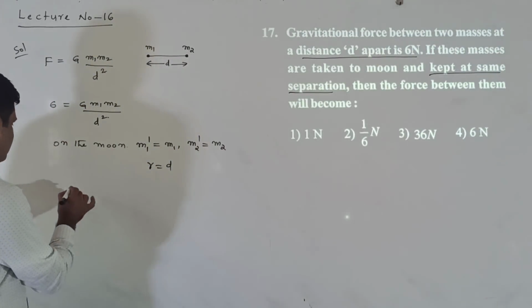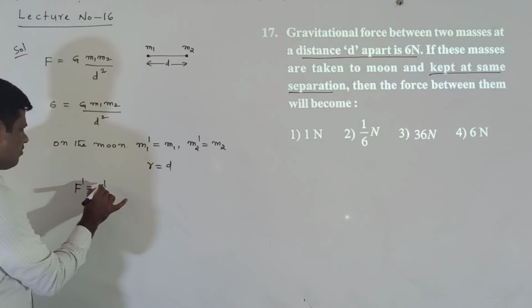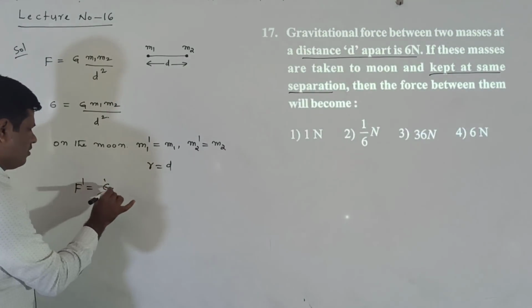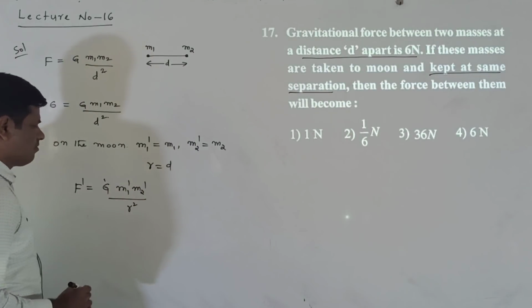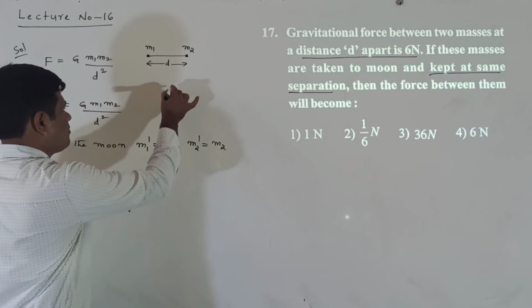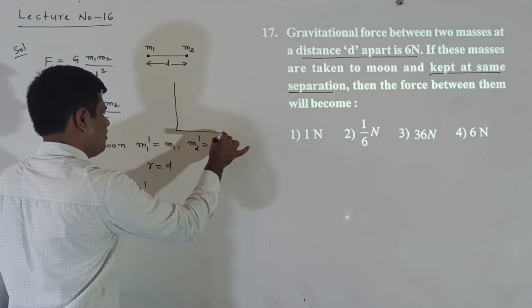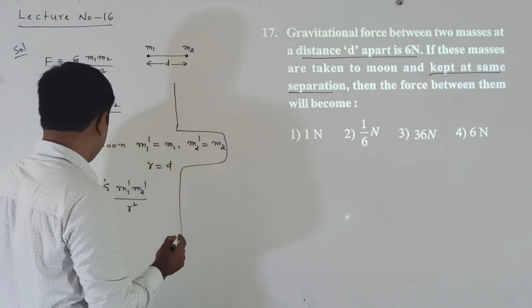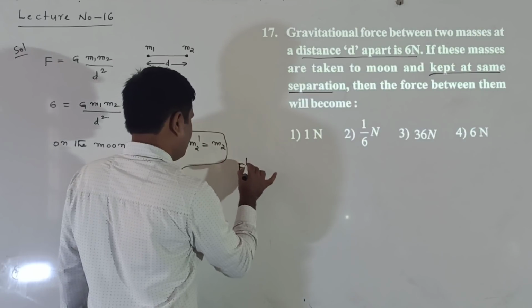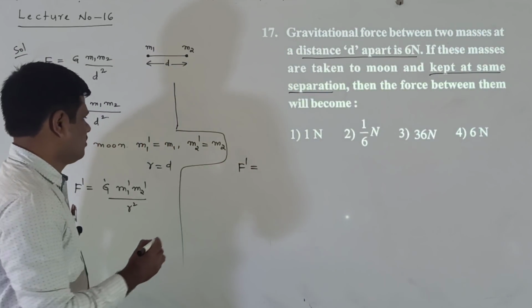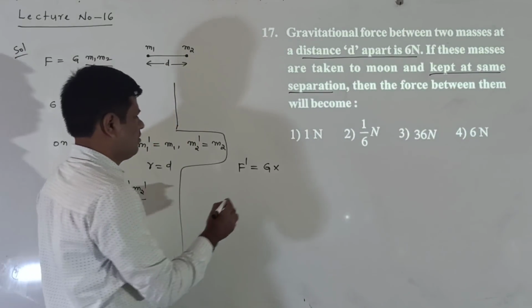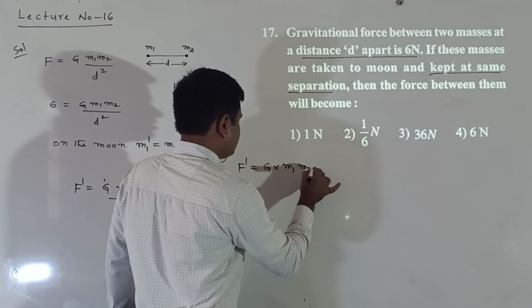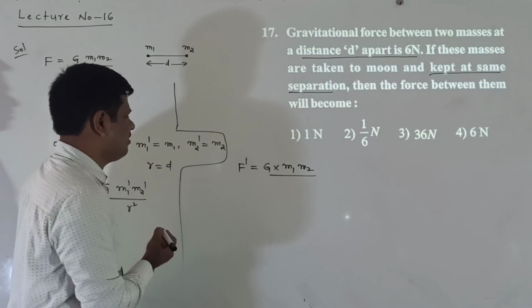Now find the force. F dash is equal to G into m1 dash m2 dash by r square, the general formula. Now substitute these values. F dash is equal to G into m1 dash, which is m1, m2 dash, which is m2, and distance d square.